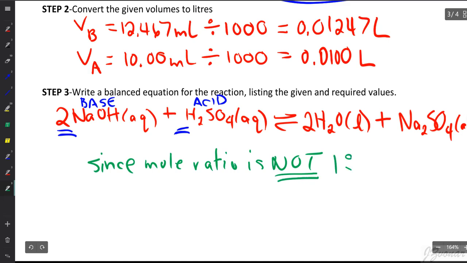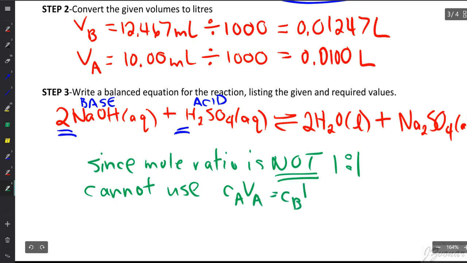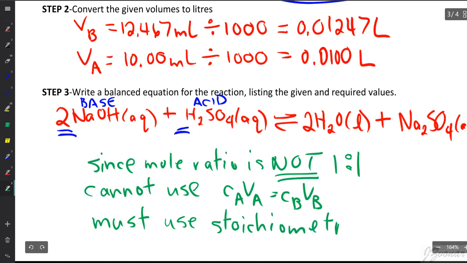We cannot use CAVA equals CBVB. You can only use that formula if it is a 1 to 1 mole ratio. We must use stoichiometry. All right, so we're going to work through that on our next page in order to solve.